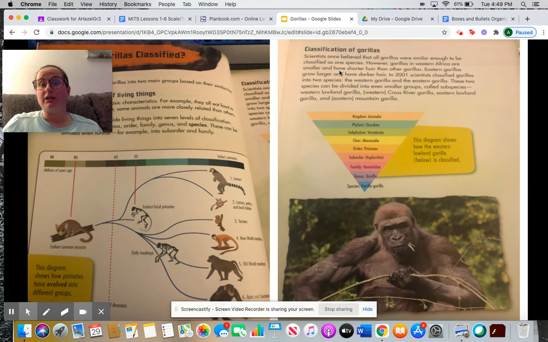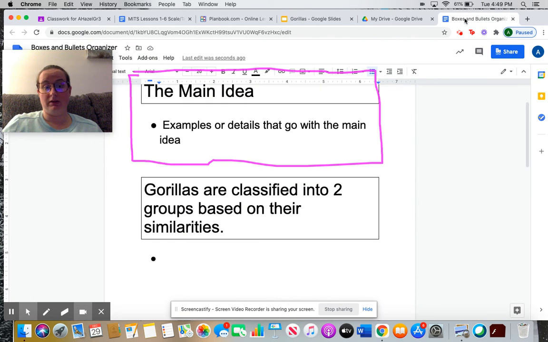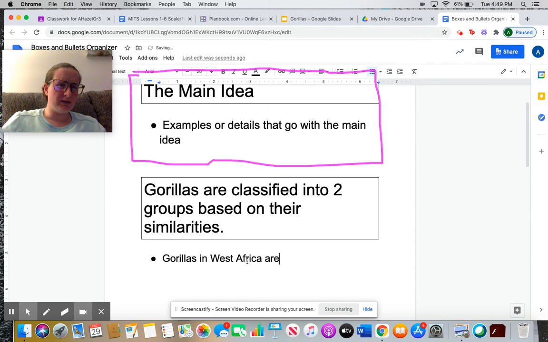However, gorillas in Western Africa are smaller and have shorter hair than other gorillas. Ooh. So we could say gorillas in West Africa. What did we say about them? How are they different than other gorillas?